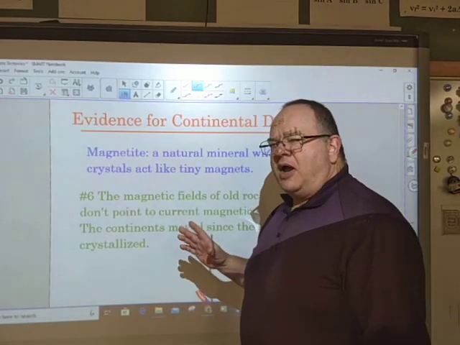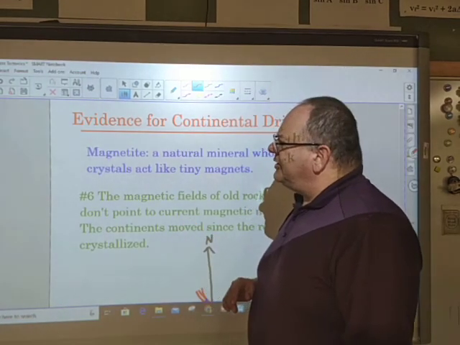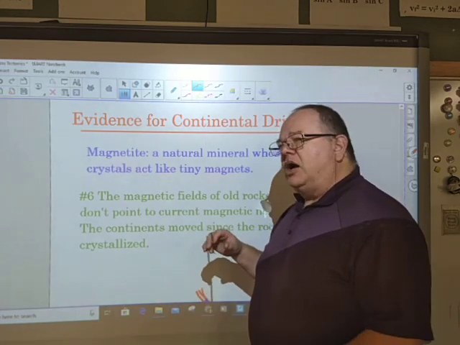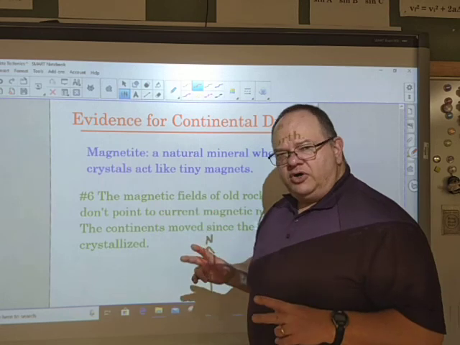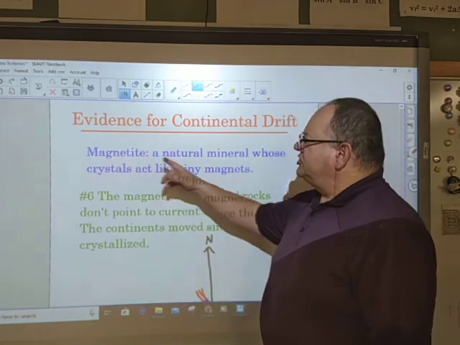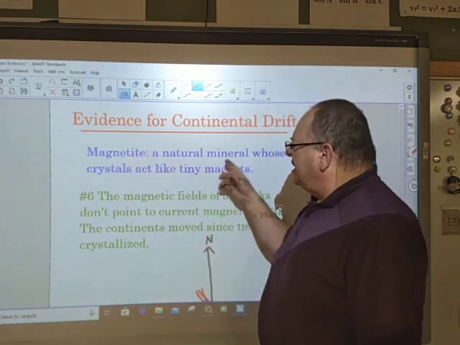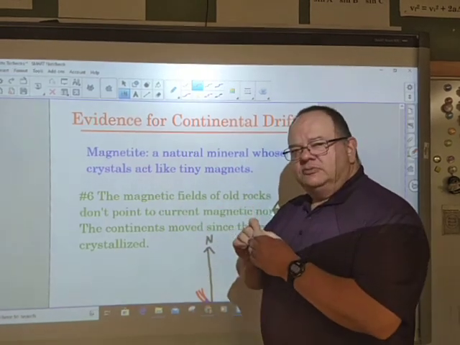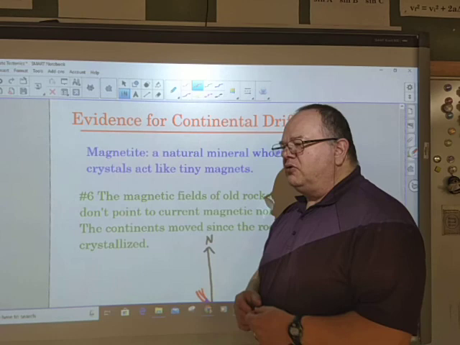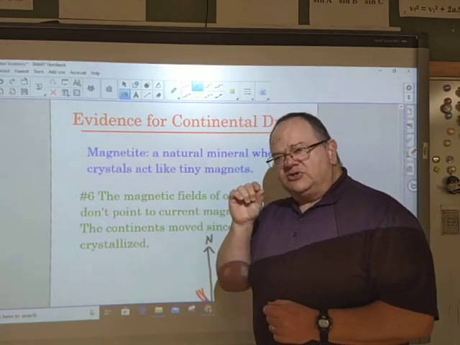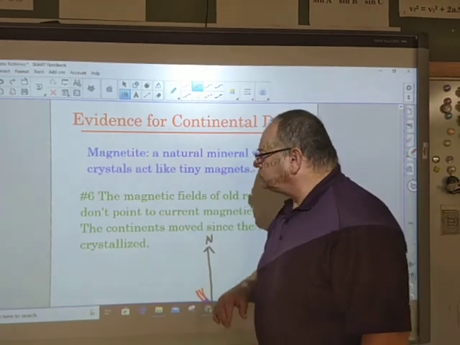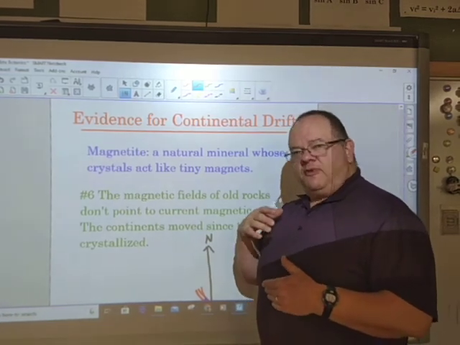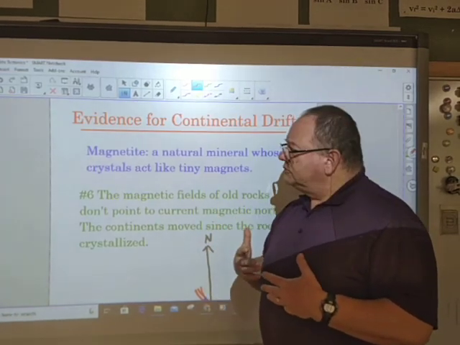I think this is probably the hardest one for us to understand. I'm going to talk about magnetite and polar wander. Okay, so first of all, magnetite is a natural mineral whose crystals act like tiny magnets. So it's a natural mineral that we find in the ground, but the crystals are magnetic. So magnetite forms from lava flows.